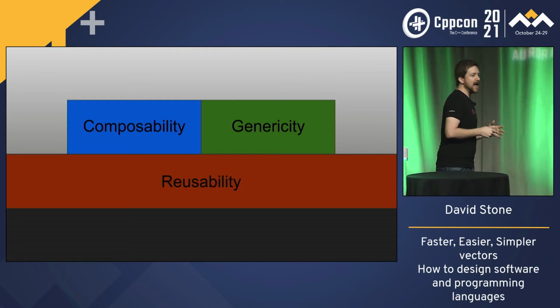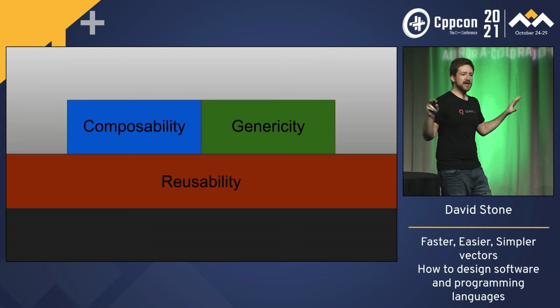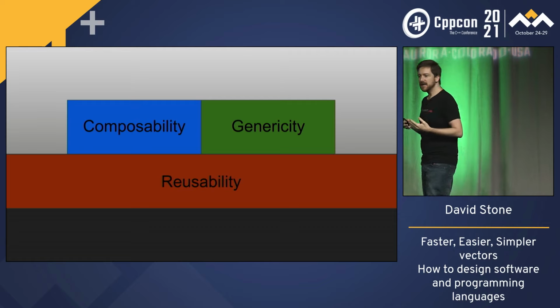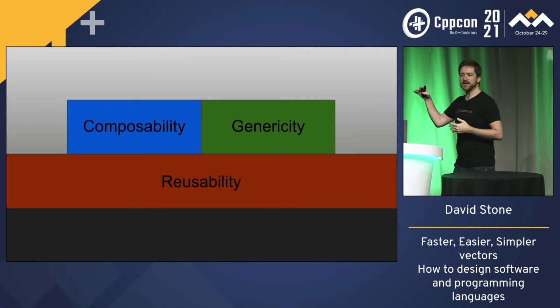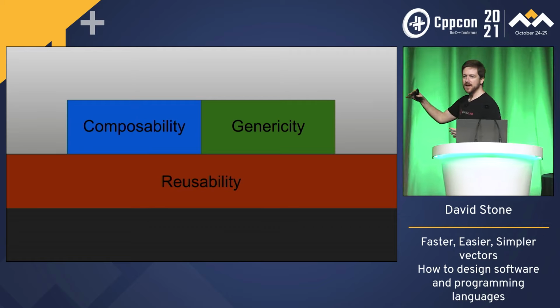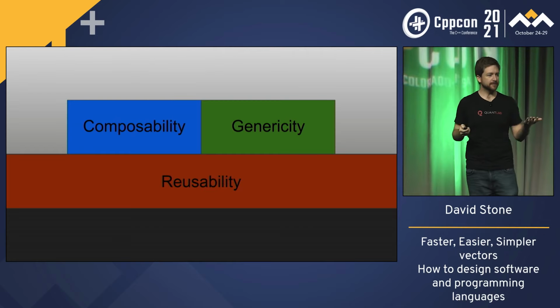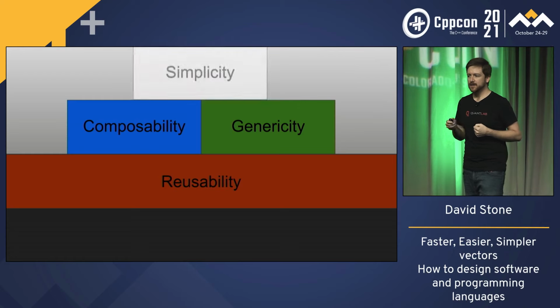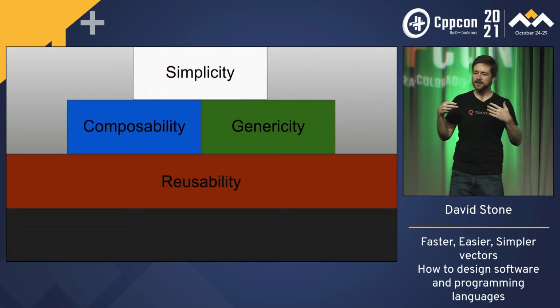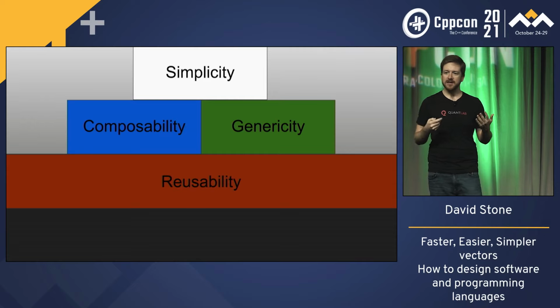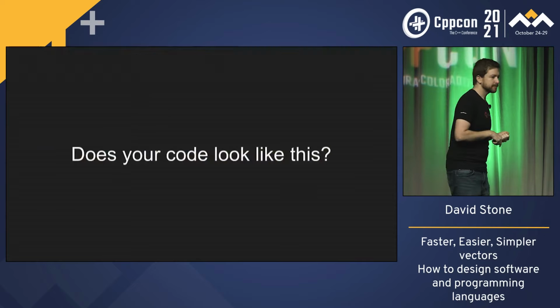Composability is saying, I can take these other things that I've used to solve problems, and combine them together to solve a bigger problem. And genericity is saying, hey, I solved this problem for this one type before, and I can make that solution generic across multiple types. And when we combine all of those, we get simplicity. And that's our goal. We want efficient, simple, easy to understand code.